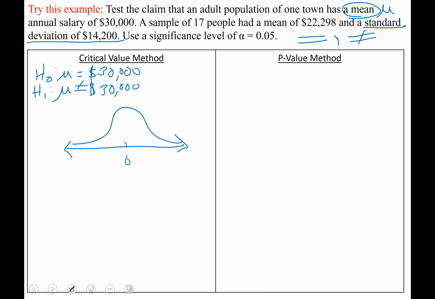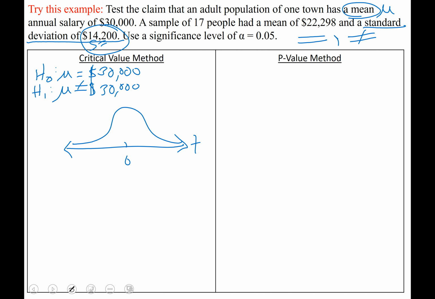So it's easy to go, oh yeah, they told me the standard deviation sigma. You're close. They told us the standard deviation, but it's not sigma. That standard deviation of 14,200 came from a sample of 17 people. So this is lowercase s, sample standard deviation. It is not sigma. So we need to use the student t distribution.